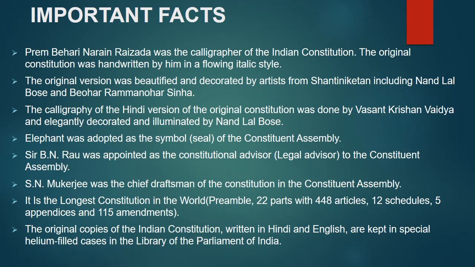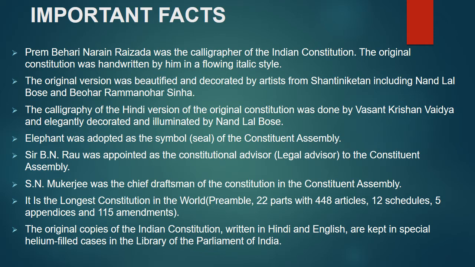Now we will discuss some important facts of this constitution. Prem Bihari Narayan Raizada was the calligrapher of the Indian constitution. The original constitution was handwritten. This is a very important point: handwritten, and it was written by Prem Bihari Narayan Raizada in a flowing italic style.